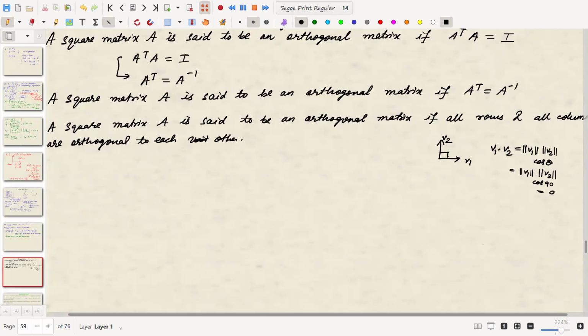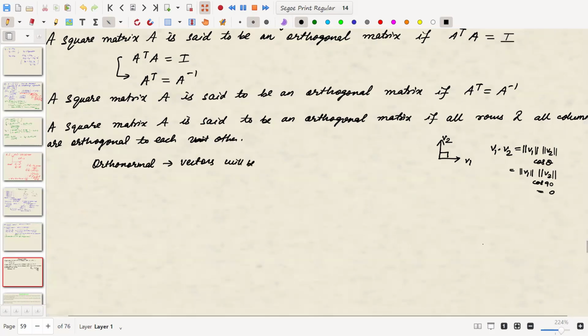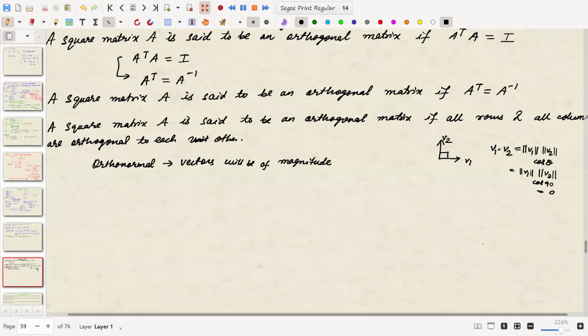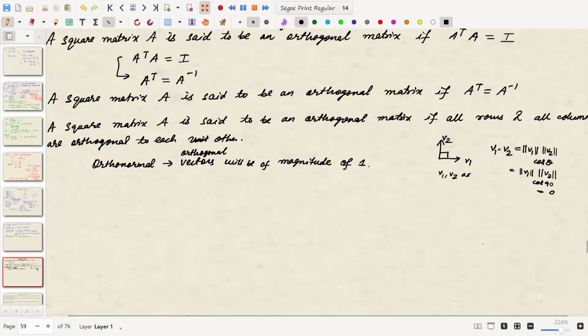Orthogonal means the vectors can have any magnitude. What do you mean by orthonormal? Orthonormal means the vectors will be of magnitude 1. That means these are orthogonal vectors of magnitude 1. Got it? So these two vectors v1 and v2 are orthogonal.